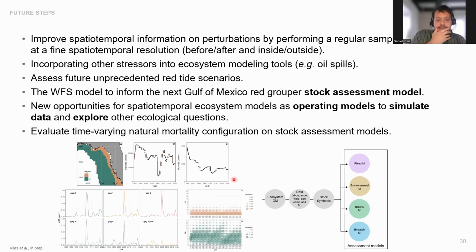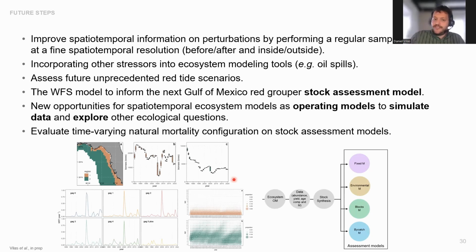Some future steps on that model: those models may push us to create more sampling and monitoring programs to get data on those stressors. We want to manage some stressors, but sometimes we lack that data.